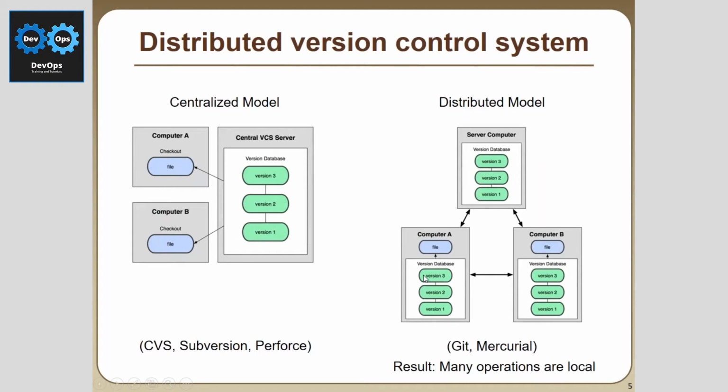In that, he will get the complete content of whatever you have in the central workspace. So now he can make whatever changes he wants in his workspace, and when he wants to share it with others, he will first share it to the central workspace, so that others can take the changes from this central workspace. That is the same concept of how you are going to do it.